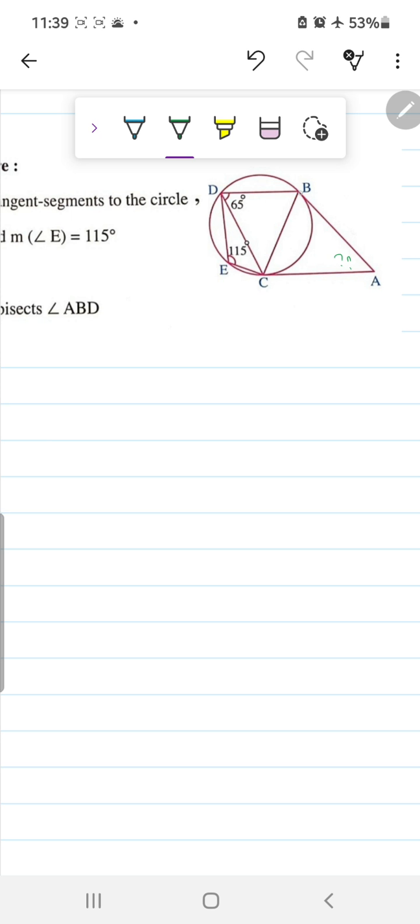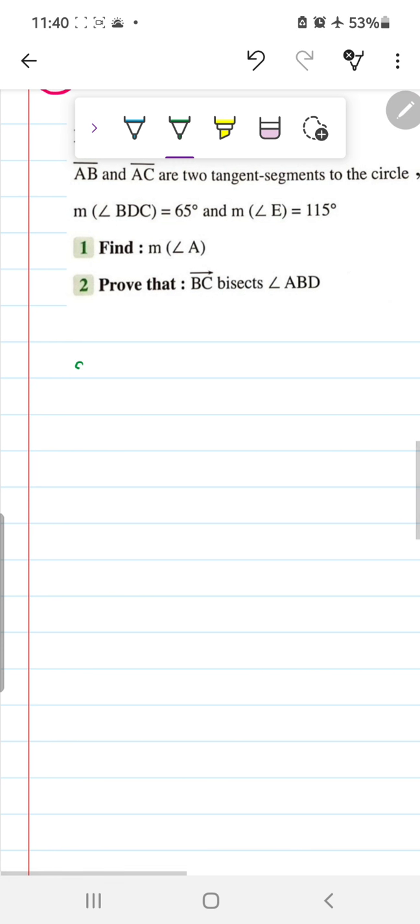So we have here BCA is angle of tangency equals what? Equals half the measure of BC and equals the measure of the inscribed angle subtended by the same arc. So here it's inscribed angle BDC. So measure of angle BCA equals measure of angle BDC. Inscribed angle and angle of tangency subtended by the same arc.